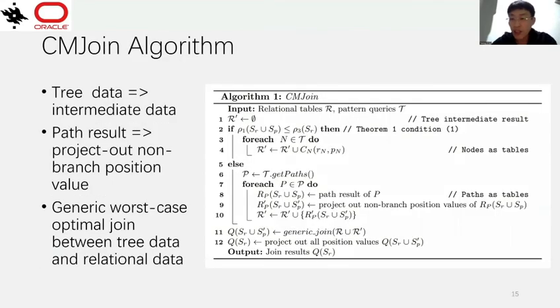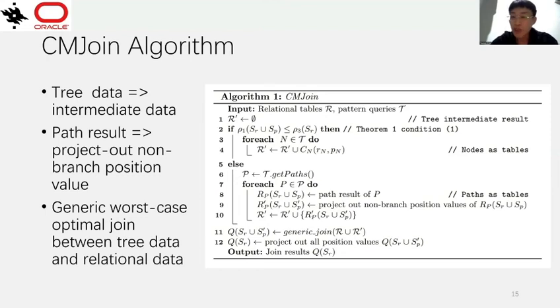Now we go through our algorithm, which is called CM join. It first transforms tree data into intermediate node tables with both position values and label values.